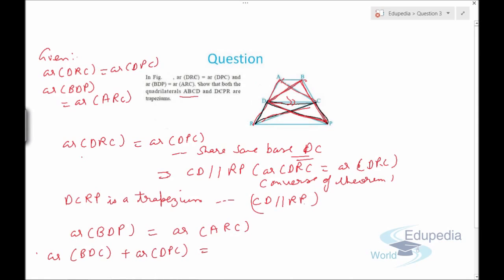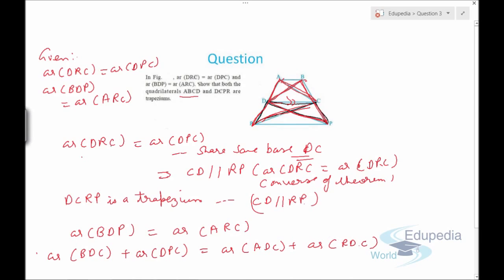Similarly we can write this area of ARC and we can split the area again into area of ADC and RPC. So we can write this as area of ADC plus area of RDC, right?